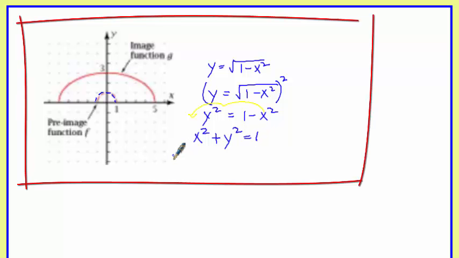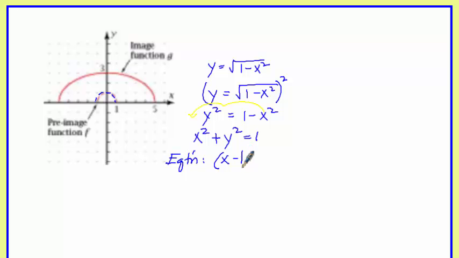The standard equation of a circle is (x minus h) squared plus (y minus k) squared is equal to r squared, where our center will lie at (h, k) and our radius is given by r.